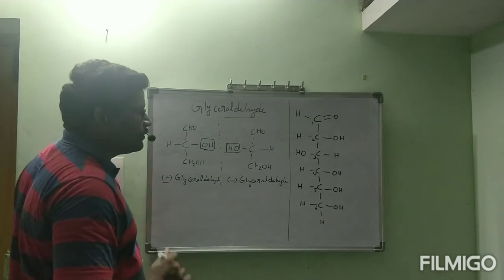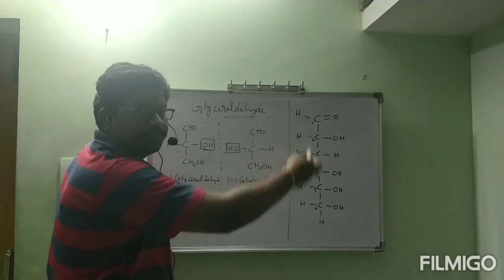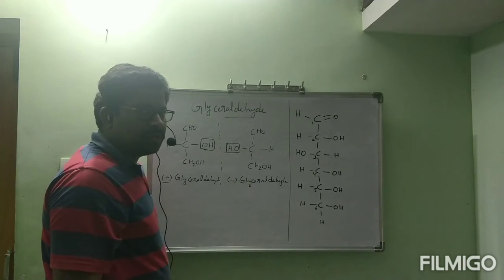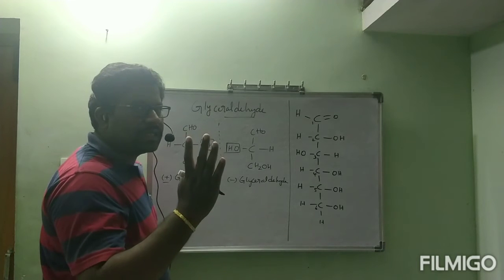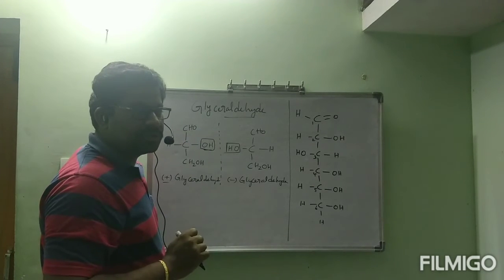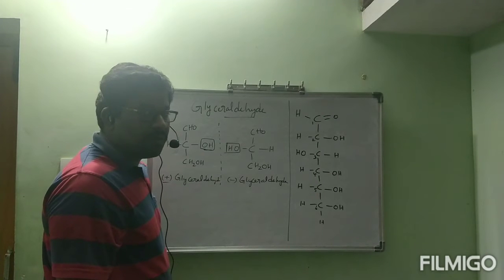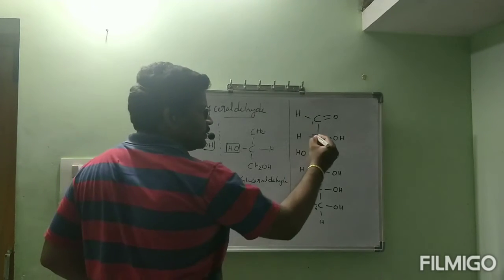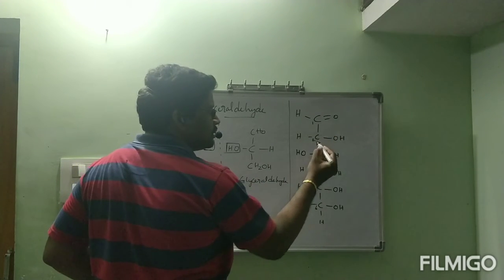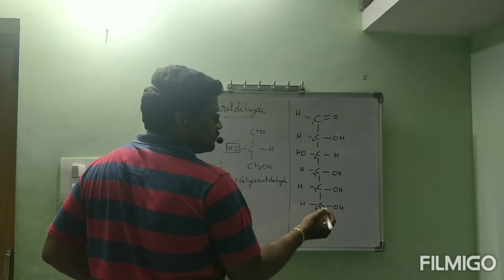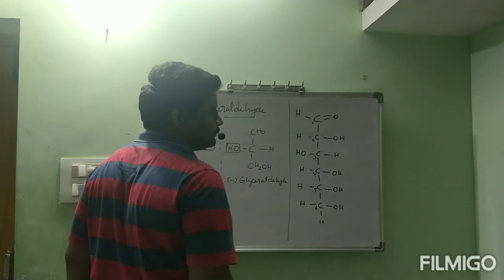Clear. Now, coming to the glucose molecule. In glucose, we have 4 asymmetric carbons. Those are 4 chiral carbons. What are the 4 chiral carbons? Second carbon, third carbon, fourth carbon, and fifth carbon.